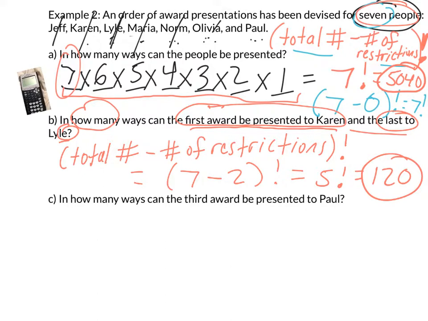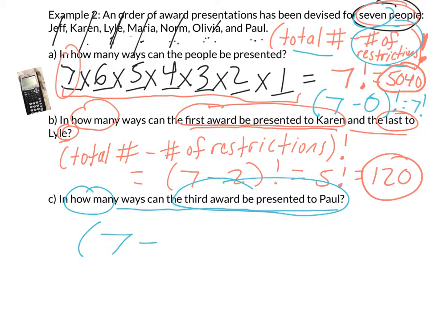Finally, C, in how many ways can the third award be presented to Paul? So using the formula, because again, we're talking about rearranging all these people in a row, in a line, I can use this factorial formula. The total number of people is still 7 minus the number of restrictions. There's one restriction here. The third award has to go to Paul.